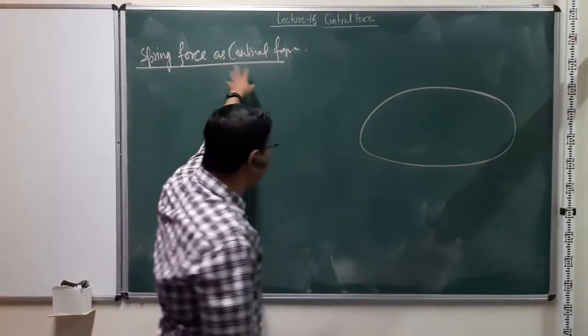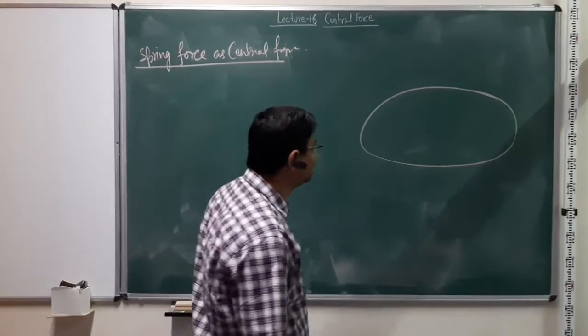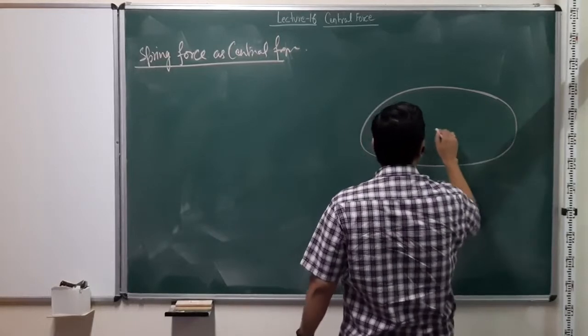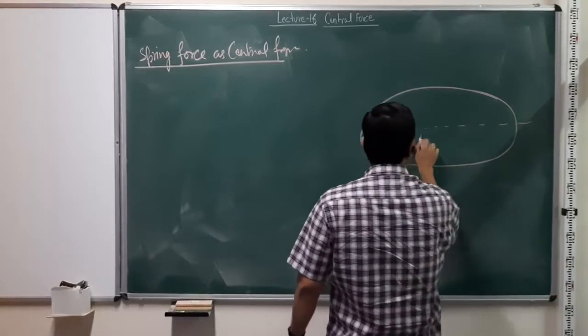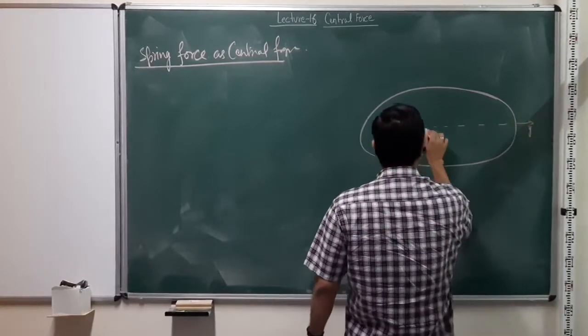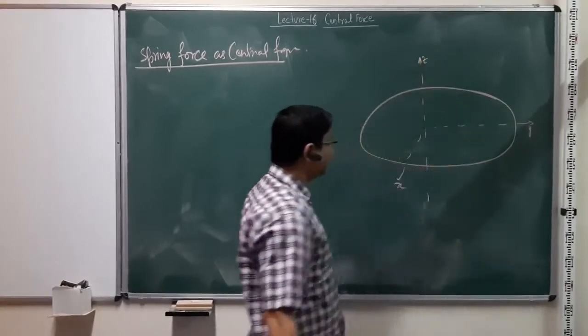So anyway, it's a central force. We know that angular momentum will be conserved, so the motion is going to be planar, restricted to 2 dimensions, right? So let's say this is my xy plane. Let's say x, let's say y. And I know that the angular momentum will then be in the z direction, right?